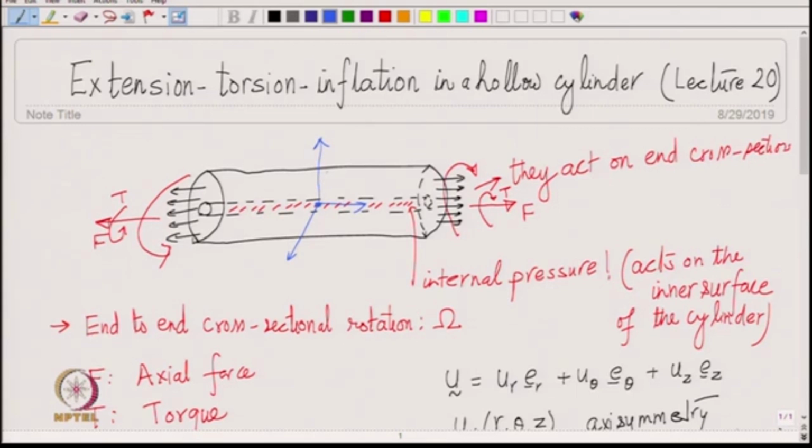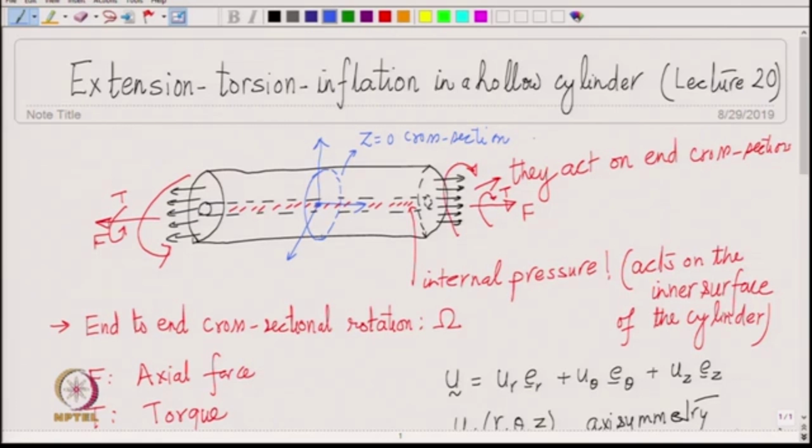So, that is the z equal to 0 cross section, and rotation of this cross section will actually be 0, is not it?